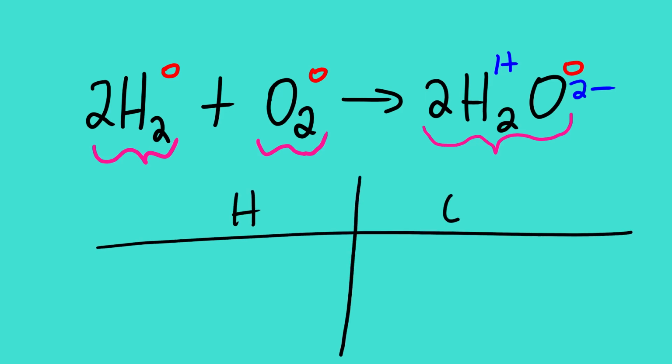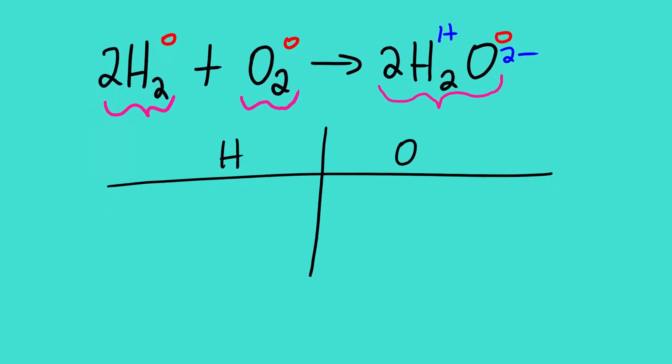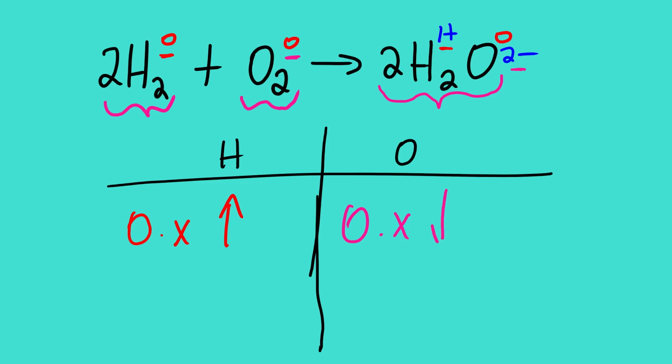So we have hydrogen and oxygen. What happens to hydrogen? The oxidation number of hydrogen goes from 0 to 1+, so the oxidation number has increased. The oxidation number of oxygen goes from 0 to 2-, so the oxidation number has decreased.